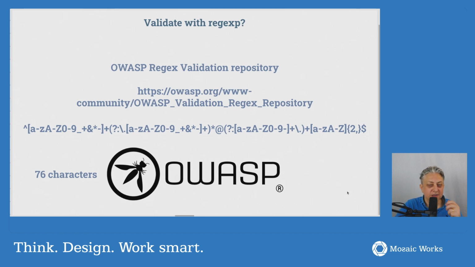There's the OWASP recommended regular expression, which is just 76 characters. But the question is, do these include all the combinations that you would like to have? Because you might block some users or some user categories that you'd like to have in your system. So it's up to you, actually, how you validate.